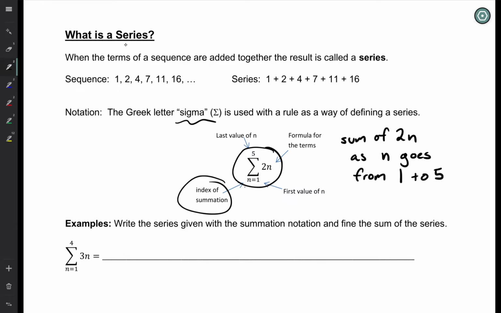The number next to it, so it starts with n equals 1, is the first value of n that you use. The number up top is the value of n that you go up to, so the last value of n. And this expression here, sometimes in parentheses, is the formula for the terms of your series. So let's go through and practice this.